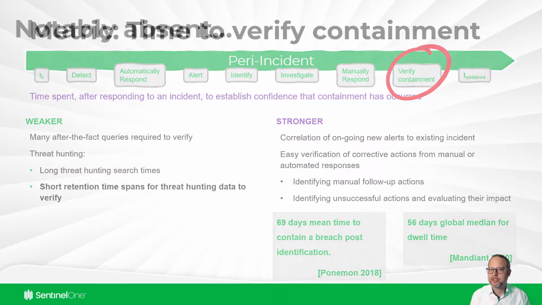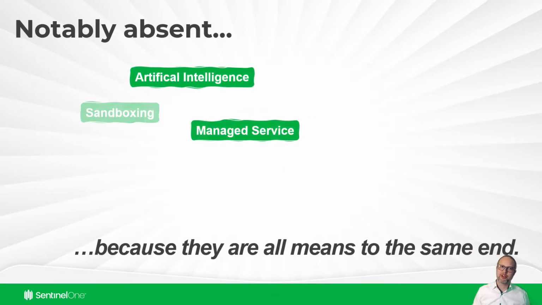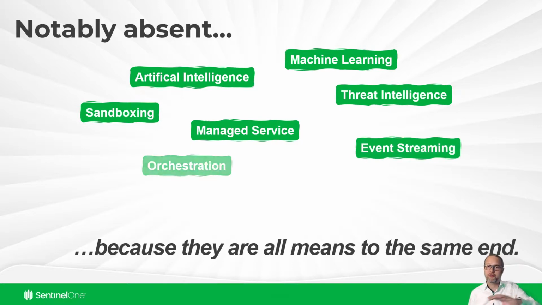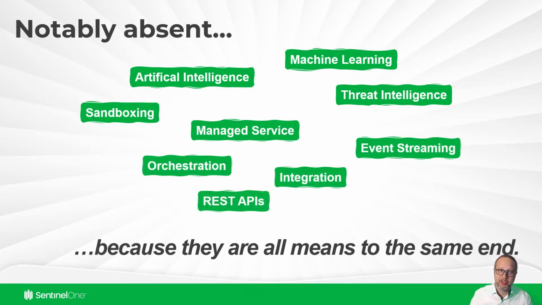And now there's a few things that I haven't mentioned despite working for a vendor. I haven't told you about awesome artificial intelligence and machine learning and threat intelligence and all of these things because, frankly, I don't care anymore. All of these are means to the same end. They're all means to get to the point where we can respond quickly and where we can be sure that we contain quickly. And I don't care about whether the technology is magic or artificial intelligence or threat intelligence.